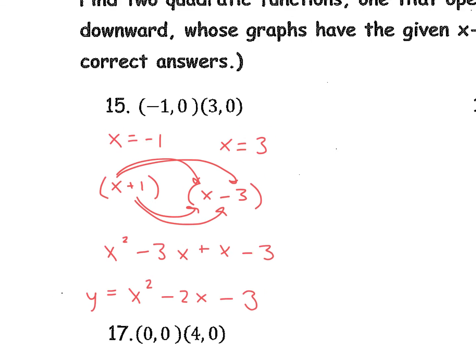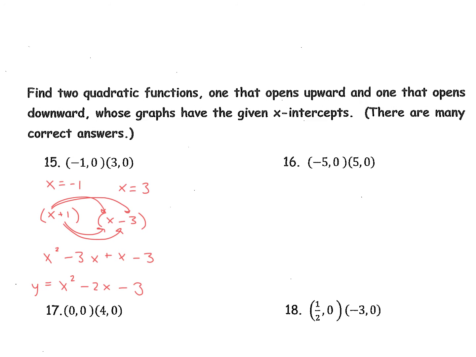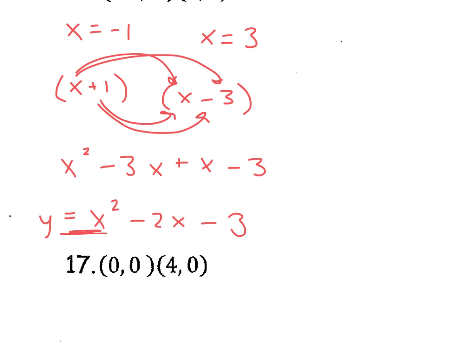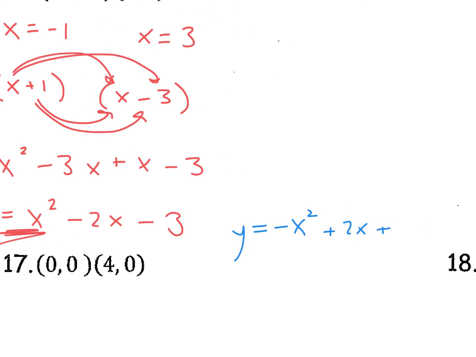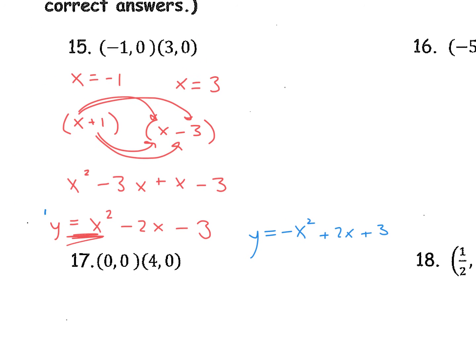This is one equation. It asks us to find two. This, our x squared is positive, so it opens up. We can multiply everything here by a negative number to get one that opens down. So we would have y is equal to -x squared plus 2x plus 3. So these are our two equations.